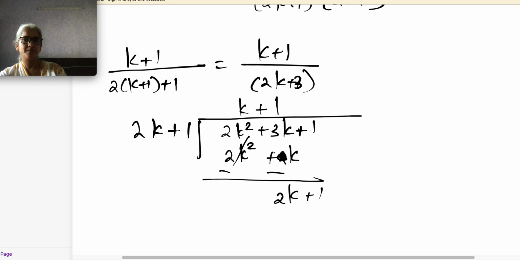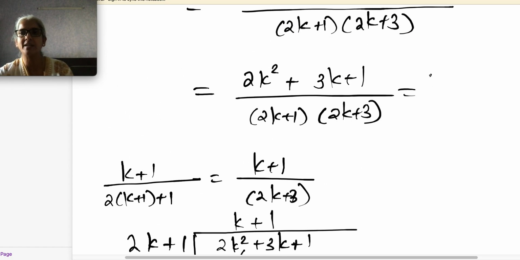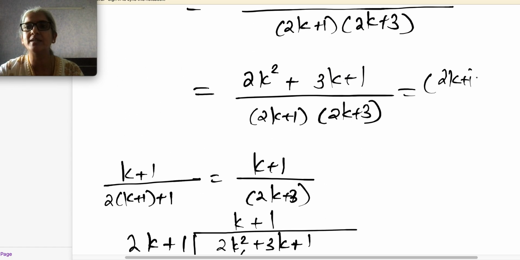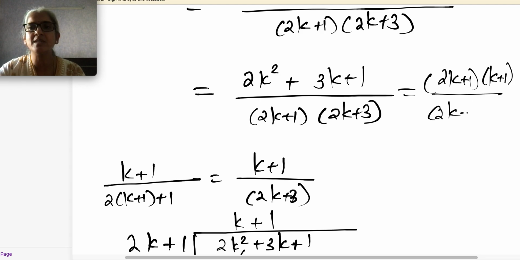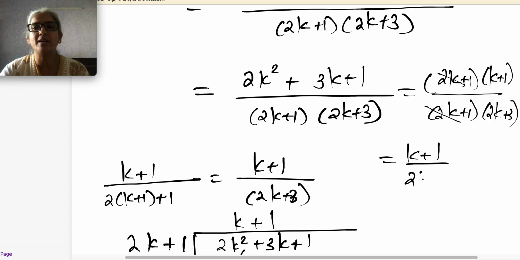So 1 times, yes indeed. So the numerator is factorable, and I can factor it as 2k plus 1 times k plus 1. How did I get the idea? Obviously there is nothing else that should have been possible. If the numerator needs to have k plus 1 and 2k plus 1 need not be in the denominator, then there must be a common factor. So I could get it in this format that is required.